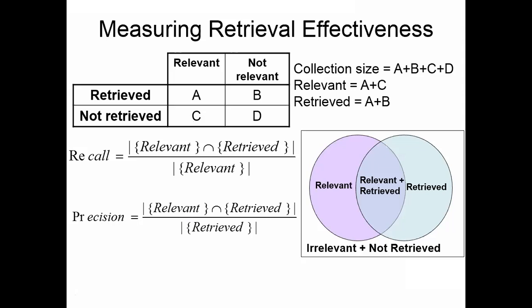When we calculate, again, we take A, relevant documents retrieved, over relevant documents retrieved plus irrelevant documents retrieved, row-wise. A over A plus B will give us precision. A over A plus C will give us recall.